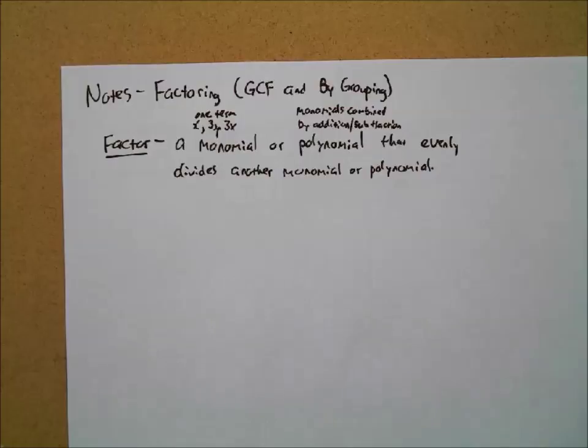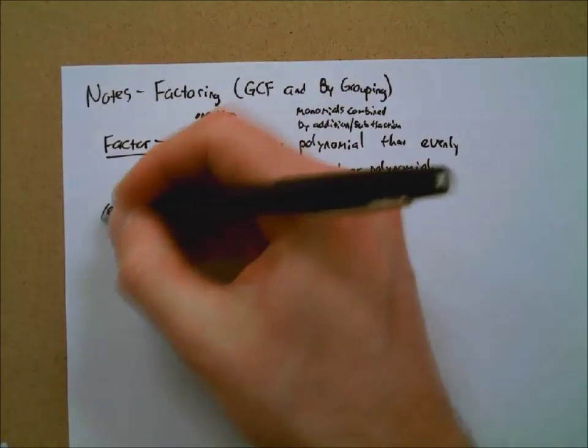Of course, if they are like terms, they could combine together to become a single monomial again. But if they're not like terms, then they'll be a polynomial. When there's two monomials added together, we call that a binomial. When there's three monomials added together, we call it a trinomial. And after that point, we just call it a polynomial. Poly for many. We've seen that with polygons. Just a little bit of vocab there. Maybe you guys already know that, but just in case.